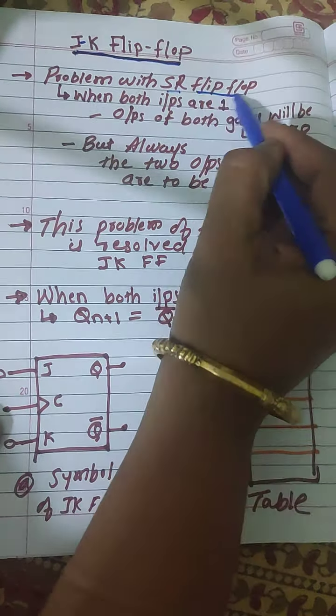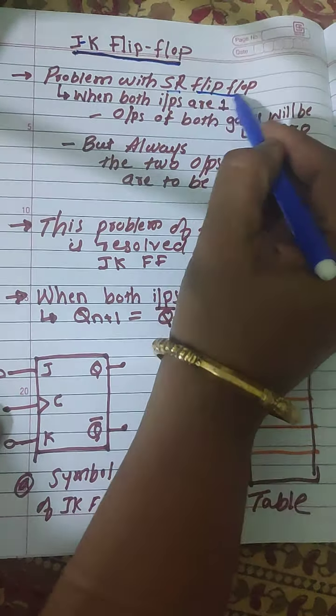Let us assume Q takes the value of 1. What are the values of S and R? When Q is 1, Q bar is 0. So don't worry about this, S will be 0. And Q is connected directly to the second AND gate.